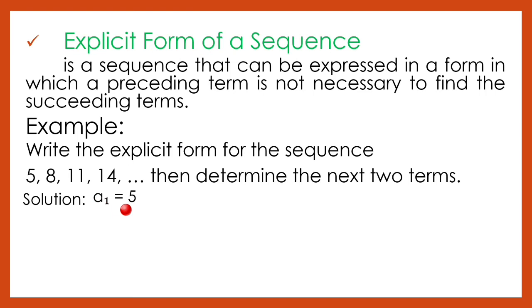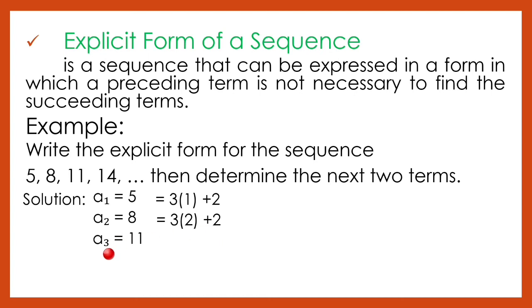Then, we can write 5 as 3 times 1 plus 2. 3 times 1 is 3 plus 2 is 5. Our a sub 2 is 8. Then, it can also be written as 3 times 2 plus 2. 3 times 2 is 6 plus 2 is 8.